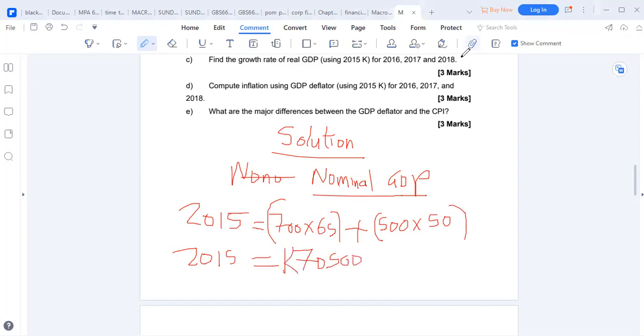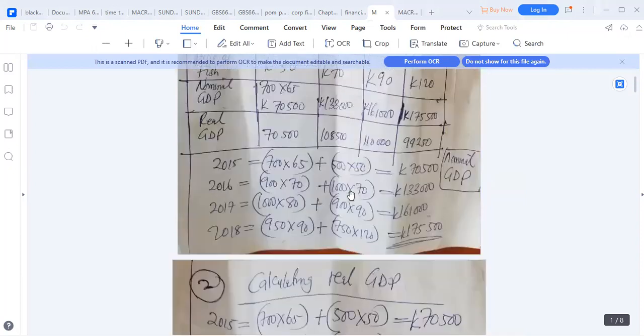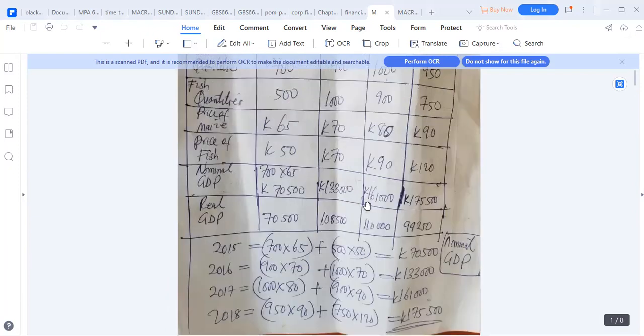So we have 70,500 for 2015. Then for the other years, we are getting those figures according to the information that has been given in the question.